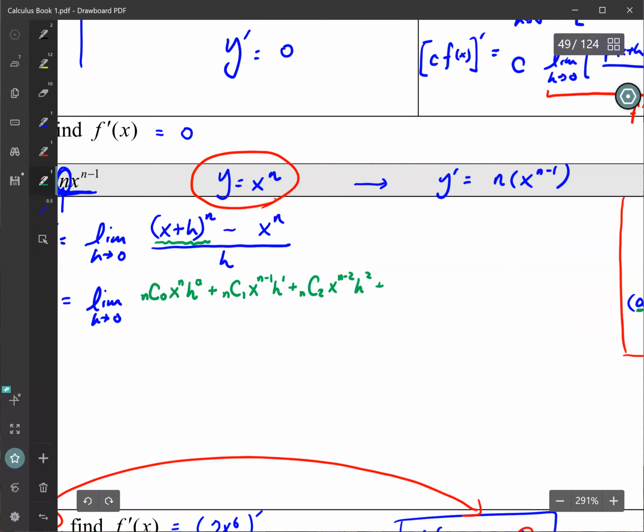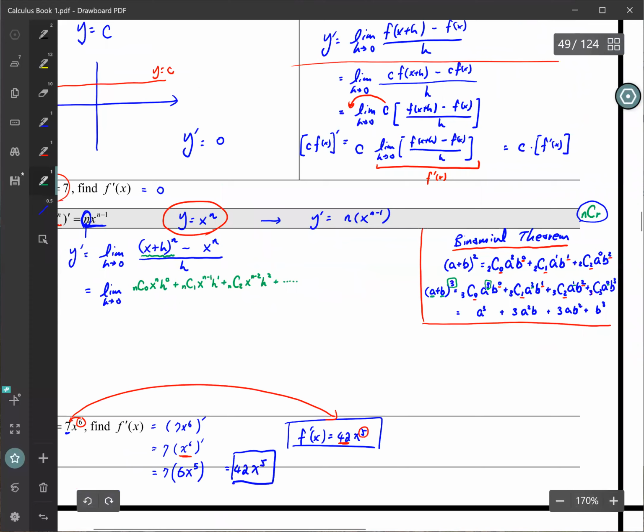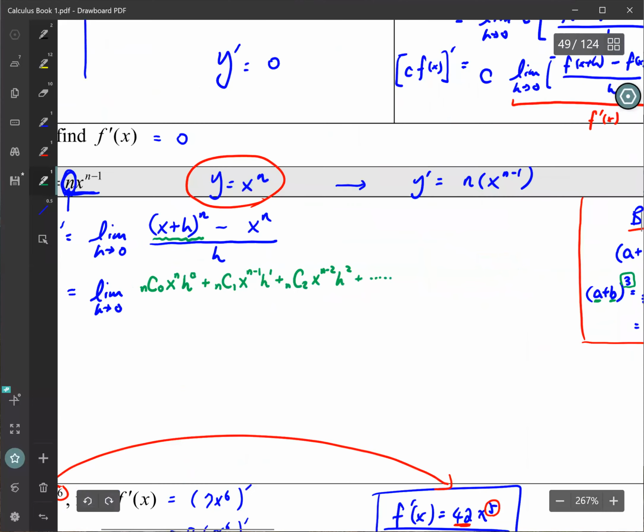Yeah, very good. Okay, plus dot dot dot. Of course, it will go on for a long time, depending on how big the n is, right? If n is 3, it will end as 3C3, right? So if it's just n, where do we stop then? What will the last term look like?